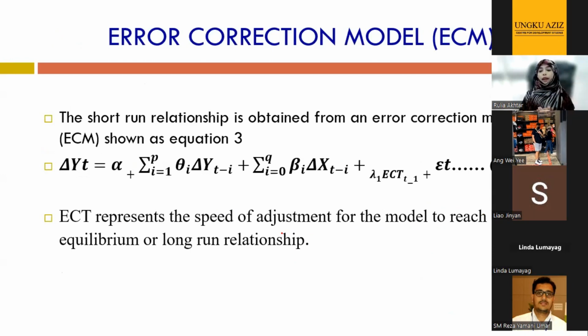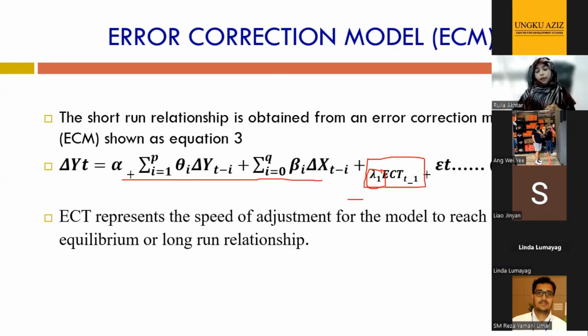Now we can see the error correction term, or ECT, in the ARDL model. This is actually a very, very important thing. Same as before, I just change the long run term with the error correction term, the ECT one period lag value. When we test this, the lambda sign should be negative. You just remember this: it should be negative and significant.